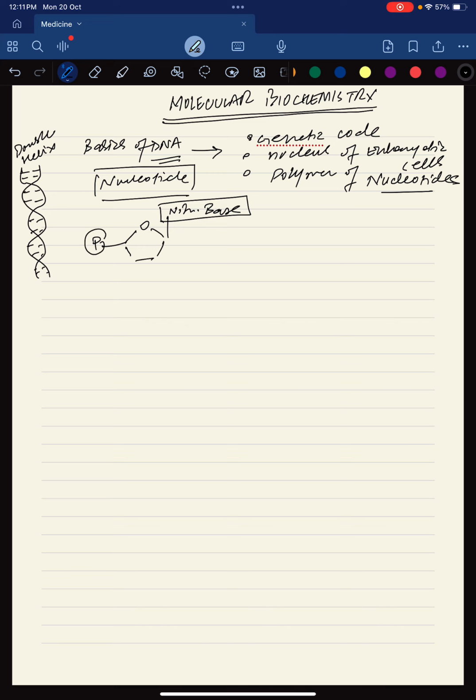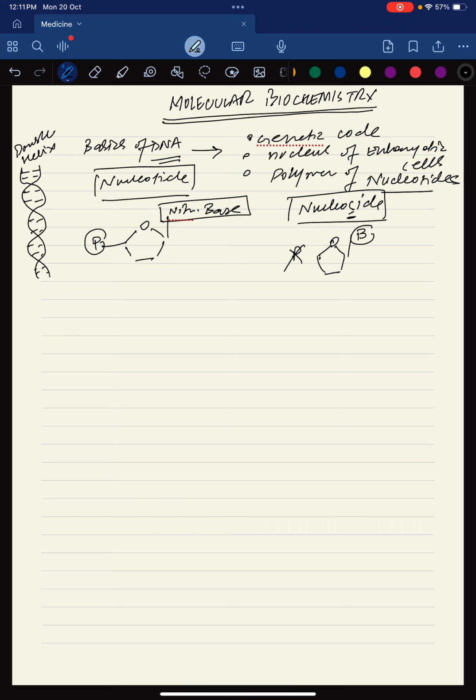It needs to be differentiated from a nucleoside, which again has the ribose sugar with the base but no phosphate.